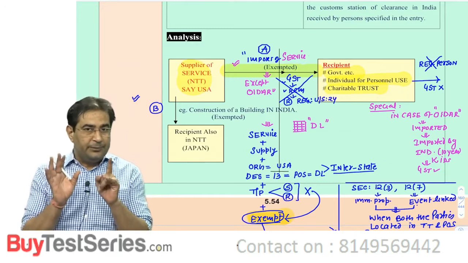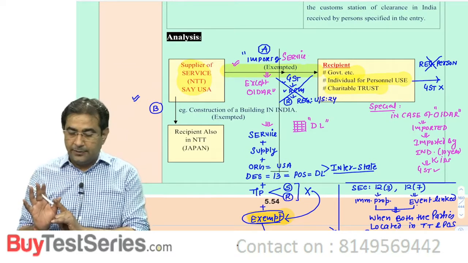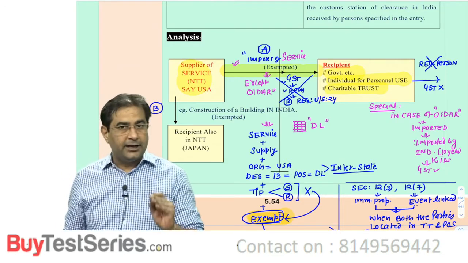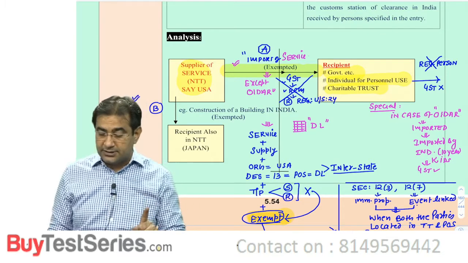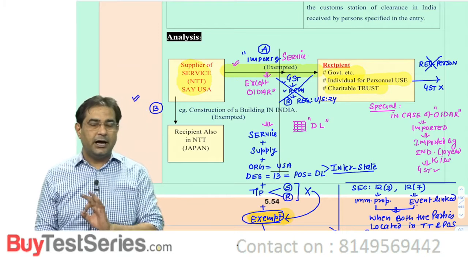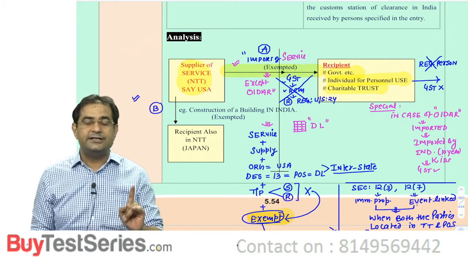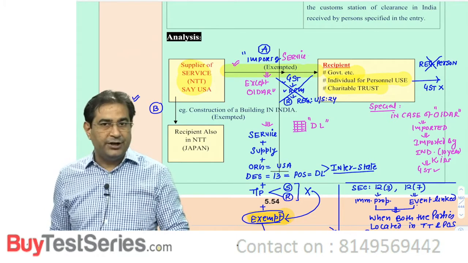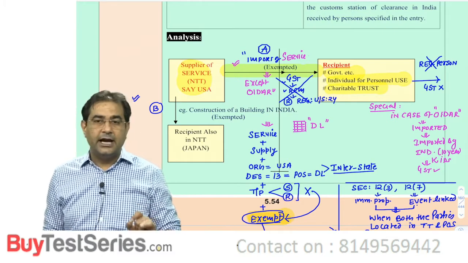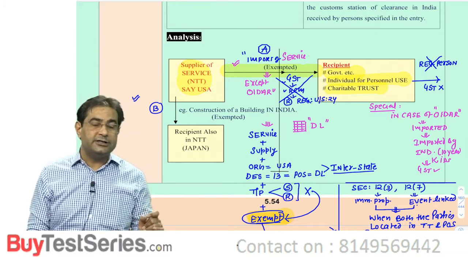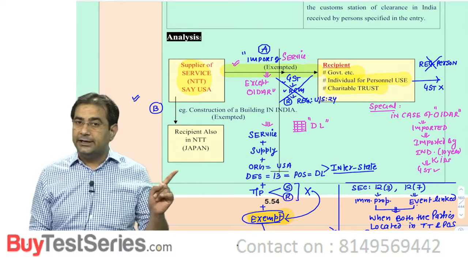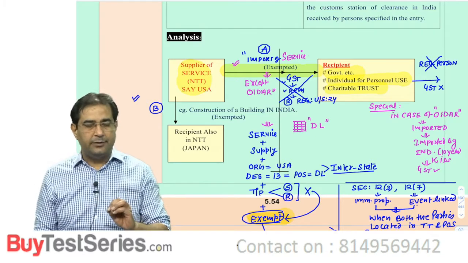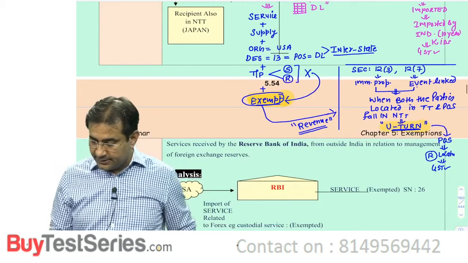We have completed our discussion given under part A. I repeat, import of services by the government, individual for personal use and charitable trust are exempted, but the exception is OIDAR. And at the second point, B point, we are discussing when both the parties are located outside India, even though place of supply is within India, it will be treated as exempted services.